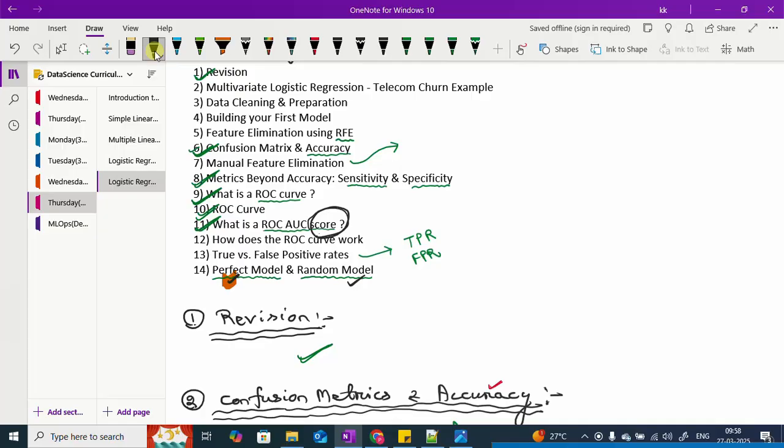What is the formula of this? I want to represent it in terms of TP, TN and all, like the confusion matrix, true positive, false positive and all. So let me write down my true positive rate, and this is my false positive rate.